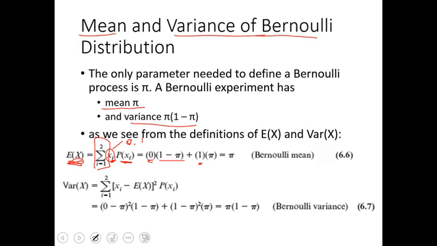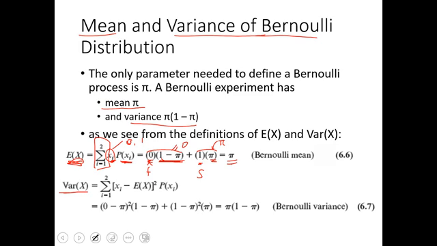The probability that we have 0 is 1 minus pi. 0 means failure, and 1 means success, and the probability of success is pi. So 0 times 1 minus pi is 0, and 1 times pi is pi. So we have pi. That's the Bernoulli mean.